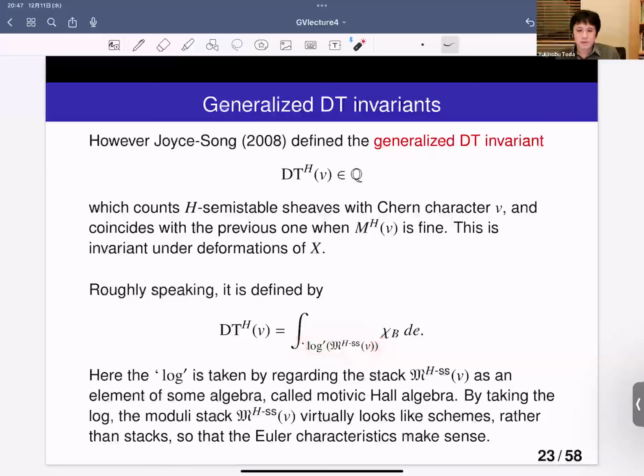By taking the logarithm of this moduli stack, this stack is virtually regarded as some sort of scheme rather than stack. So then it makes sense to consider the integration of the Behrend function or weighted Euler characteristic. And this log is taken using the so-called motivic Hall algebra, which I'm going to explain, by regarding this moduli stack as some element of this motivic Hall algebra.